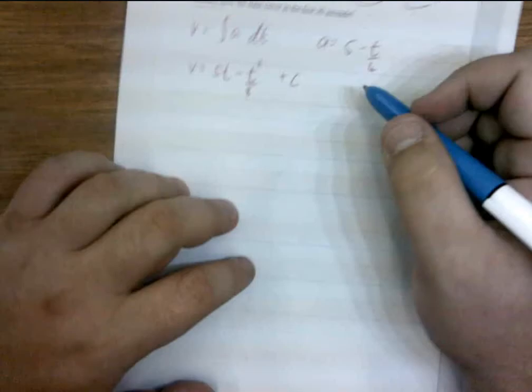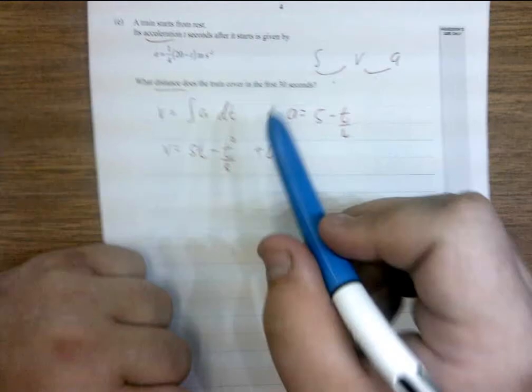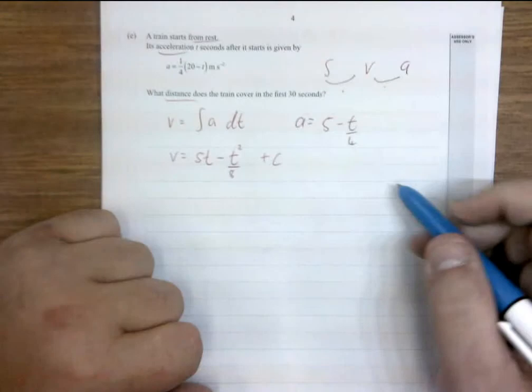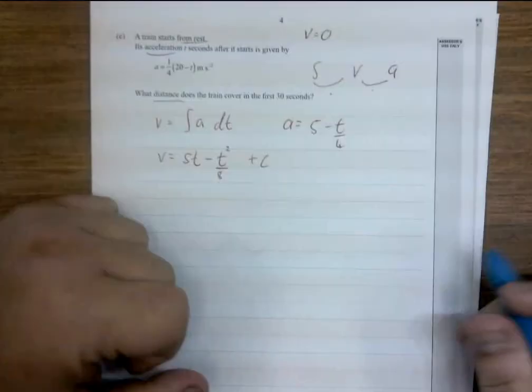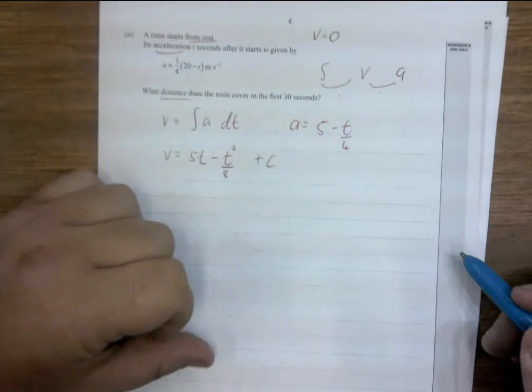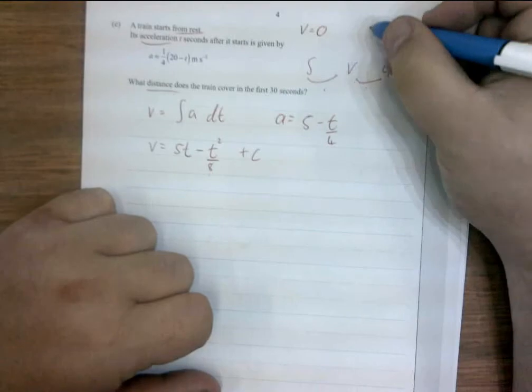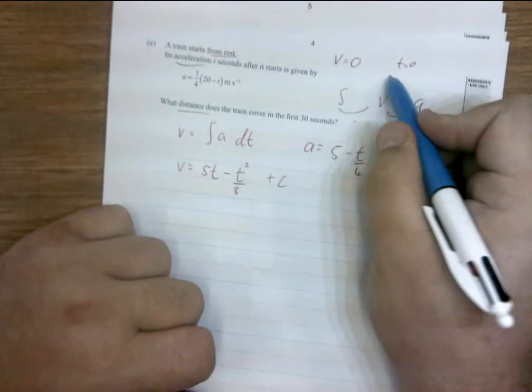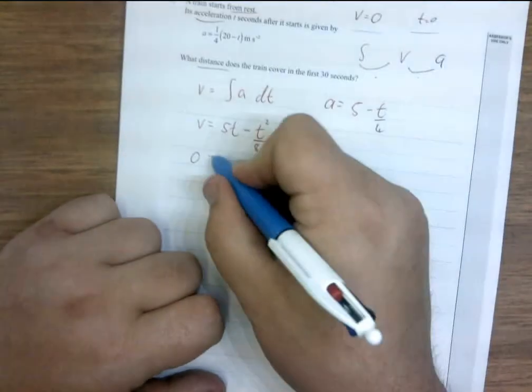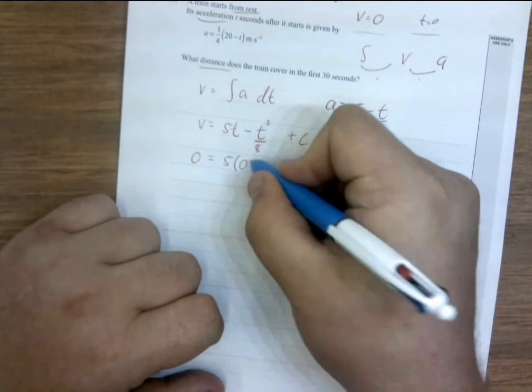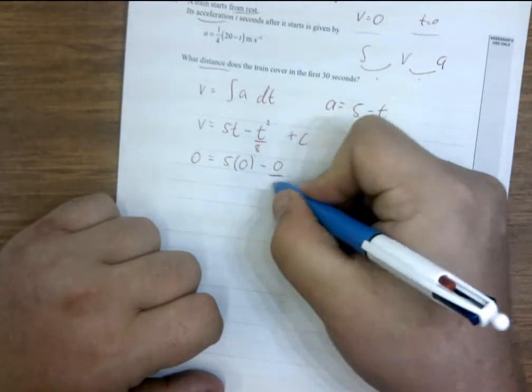Now, what do we know about this train? It starts from rest. That means its initial velocity is 0 because it's resting, it's not moving. It starts at time is equal to 0. So when time is equal to 0, its velocity is equal to 0.